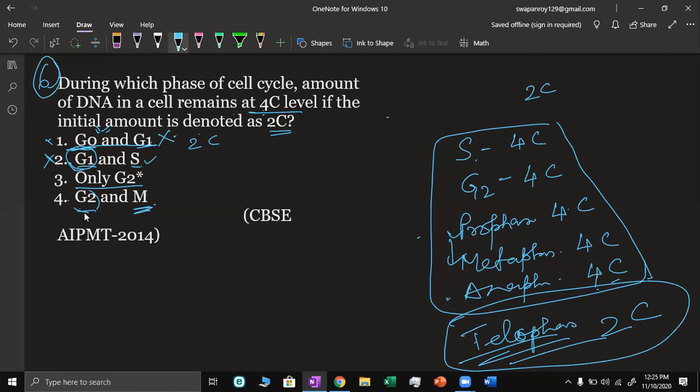So we cannot tick option 4. We have only one option left, that is 3, only G2 from all these options.